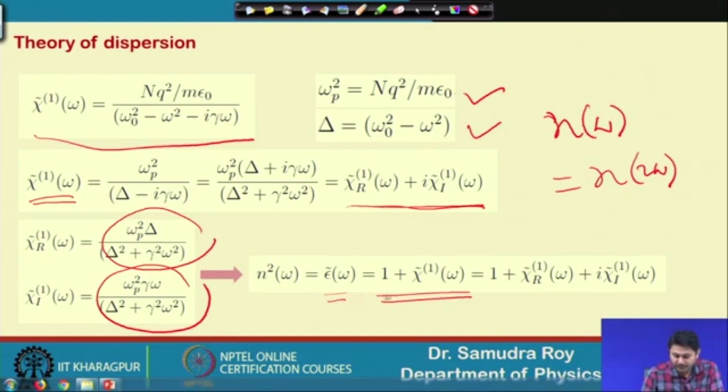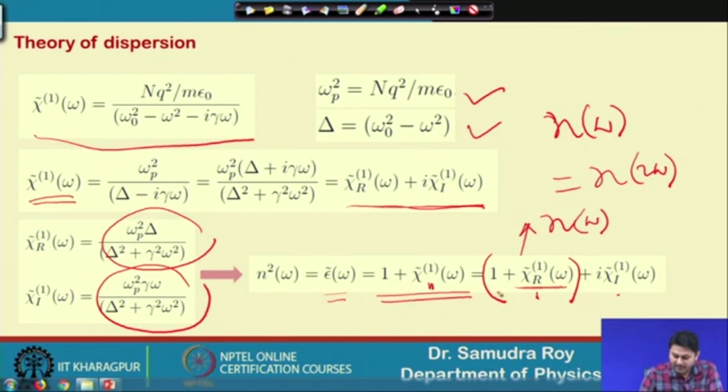If I expand these things, then it should be real plus imaginary, and we know that 1 plus this quantity basically gives us the refractive index. The real part gives us the refractive index. This susceptibility is a function of omega. So, refractive index has to be a function of omega.